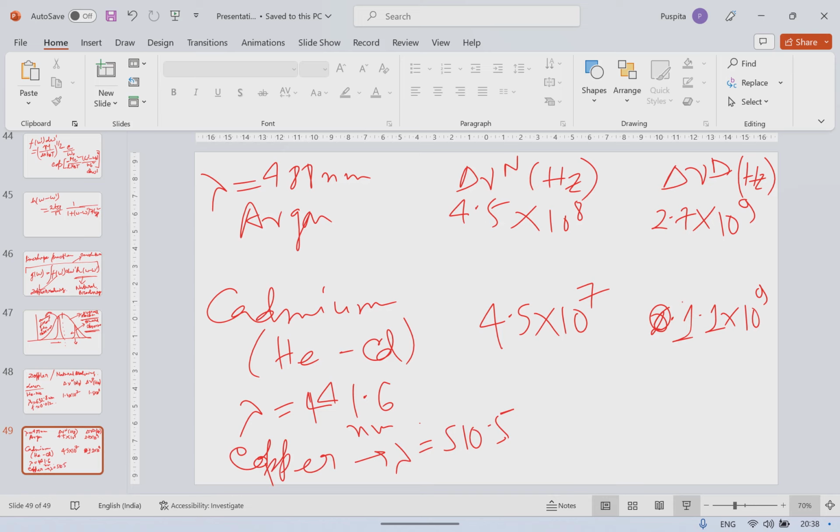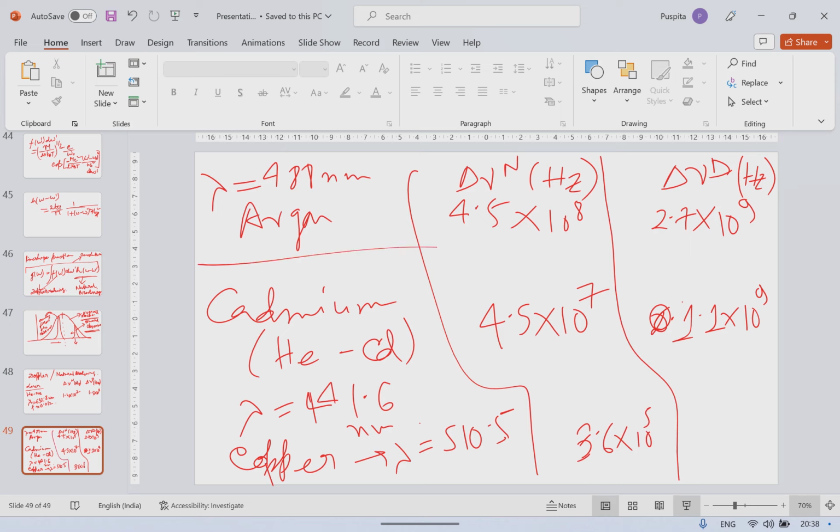So it is around 3.6 into 10 to the power 5. And it is of the order of 3 into 10 to the power 9.